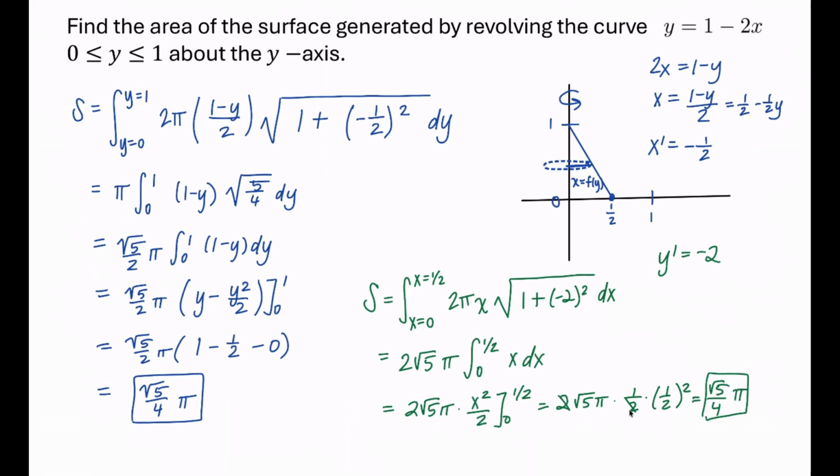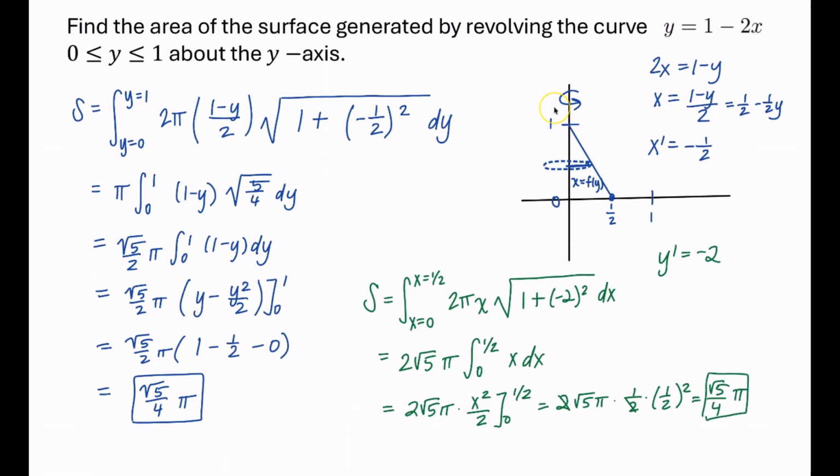So there's those two different setups. I had to work for the limits of integration if I was going to do things in terms of x. But then if I did this version in terms of y, I had the limits of integration, but I had to solve my equation to be a function of y. So there's a little bit of work either way, but it's just really important to understand the idea of the radius that we're talking about.